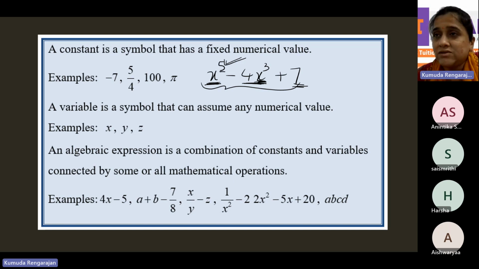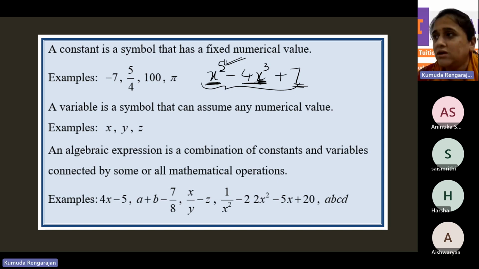If the powers of the variable or the variables involved throughout the expression are whole numbers, if there is only one variable, its power should be a whole number. If you find different variables or the same variable x in different terms, everywhere the power of the variable must be a whole number. In that case, that expression is a polynomial. Otherwise, it's not.